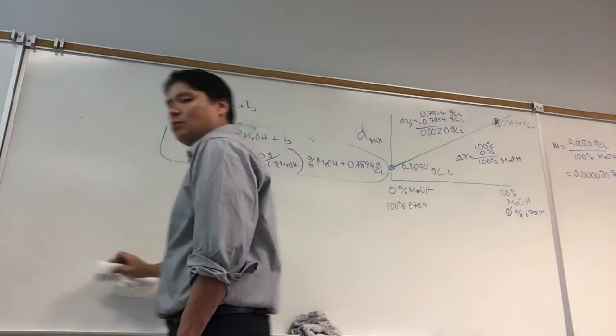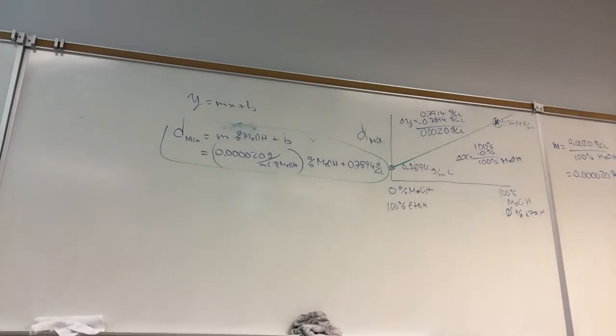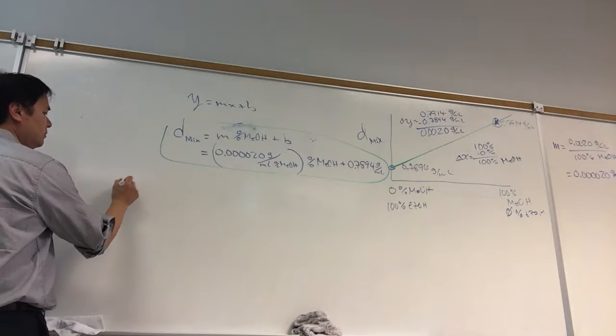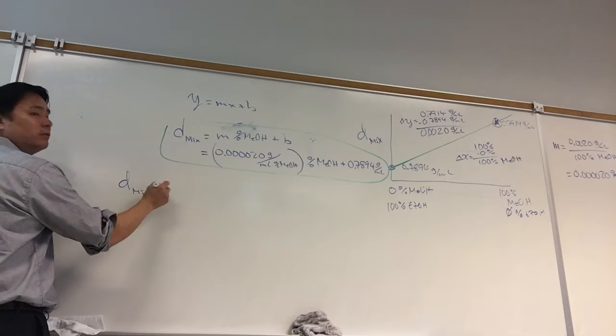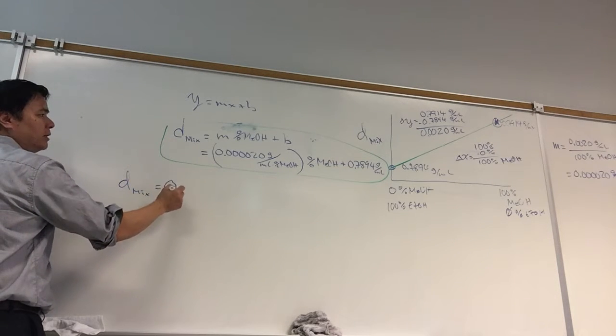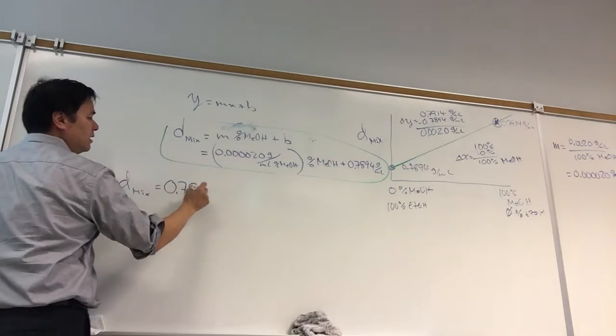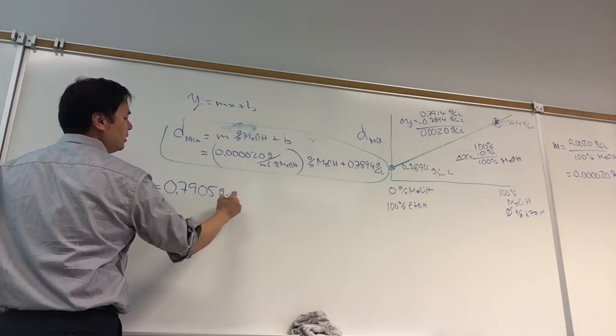All right, and so what was our density of the mixture? The density of the mixture that I gave you was 0.7905 grams per milliliter.